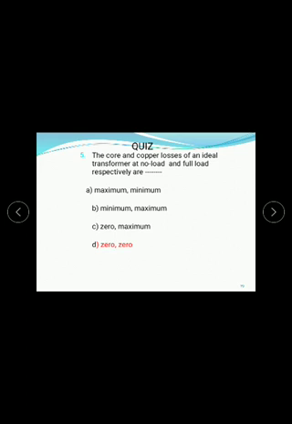In an ideal transformer it is 0. In a practical transformer it is minimum and maximum.